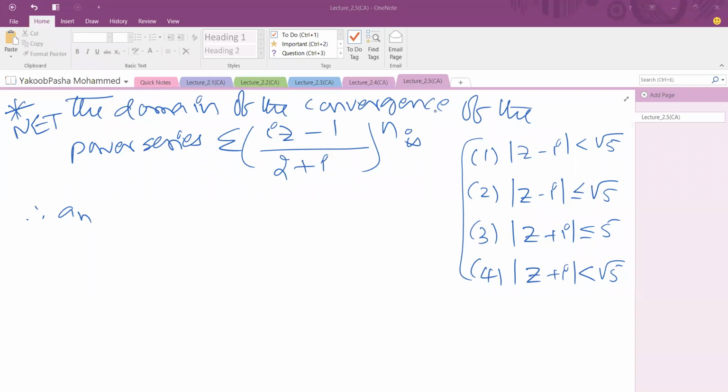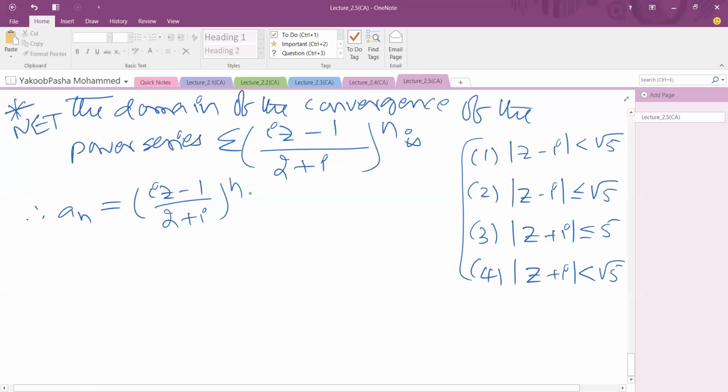I am writing the complete series coefficient here: i z minus 1 by 2 plus i whole to the power of n, and an plus 1 is equal to i z minus 1 by 2 plus i whole to the power of n plus 1. Okay. Now we can take the radius of convergence.